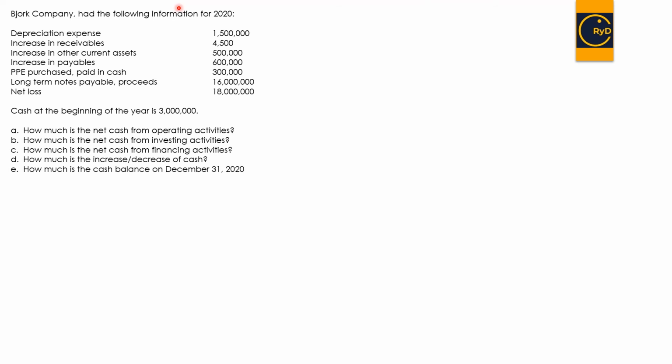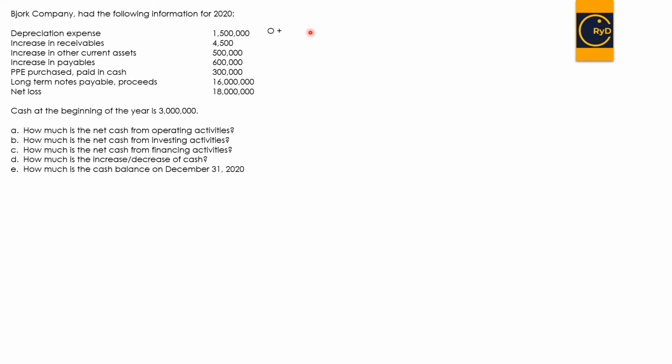Depending on the given in the transaction, we add or deduct the non-cash expenses or non-cash revenues to our net income or net loss. So for our depreciation expense, we consider this in our operating as an addition.